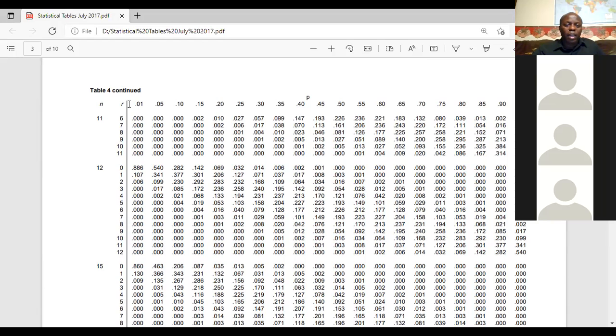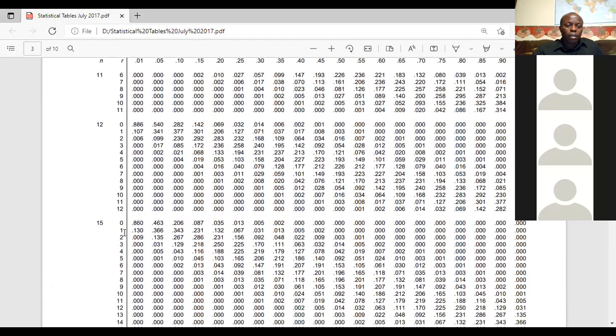Then from 15, you can see the R. So from 0.7 to 15, then to X, which is the R, or 10. So 0.7 all the way down, we are now in 15. Then here you look for 10. This is 10 right here. You follow it to 0.7.